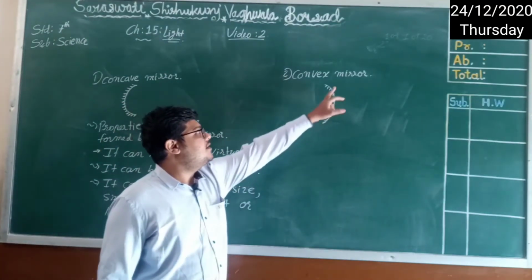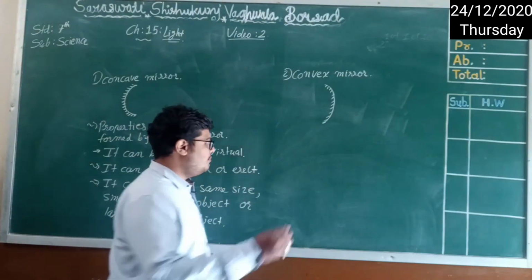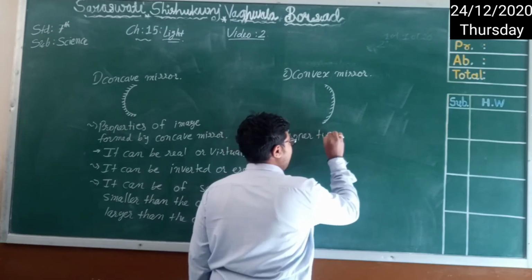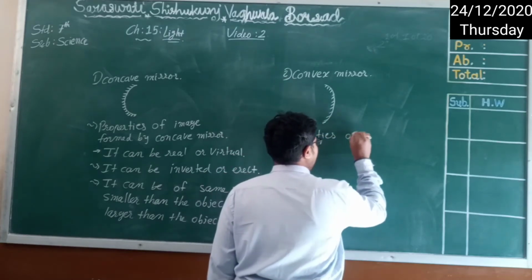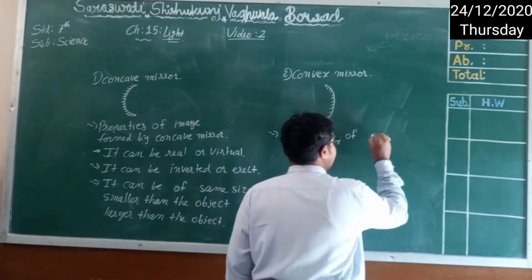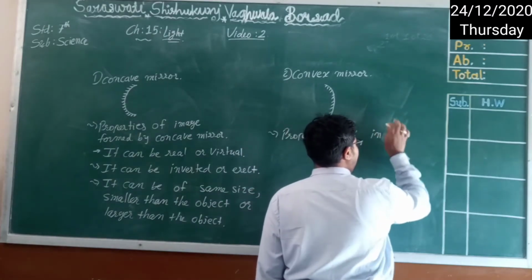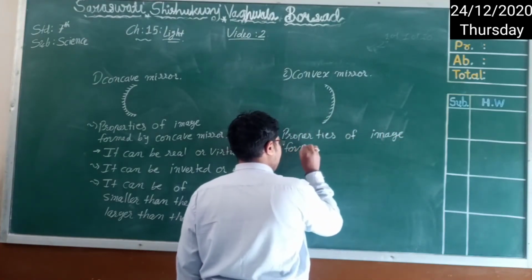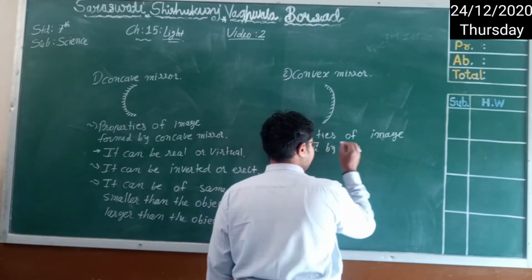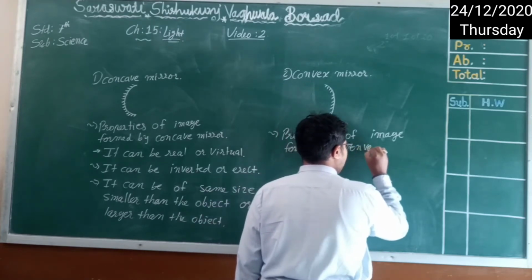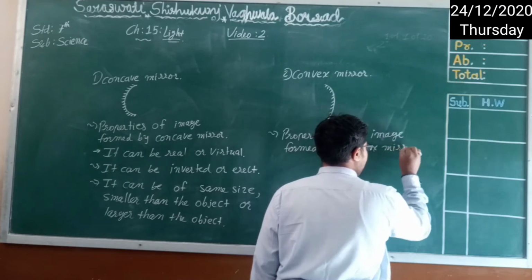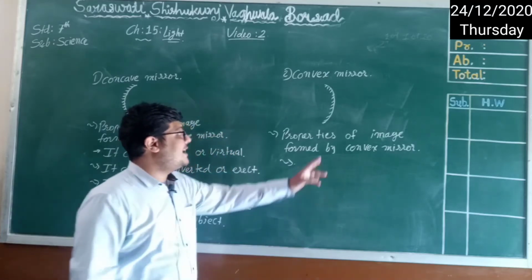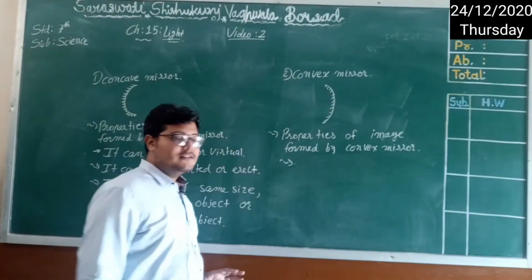So let's talk now about the convex mirror. You can see here, this part is the reflecting part. Now here, properties of image formed by convex mirror. It is always virtual. The image which you get from this convex mirror is always virtual.